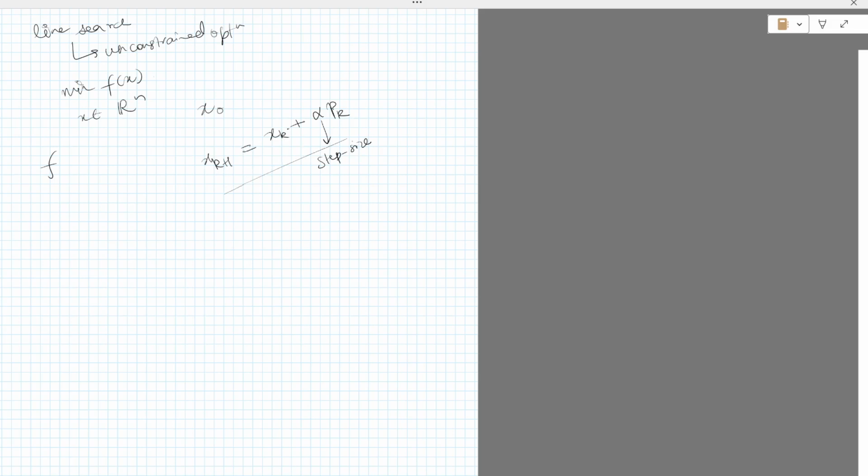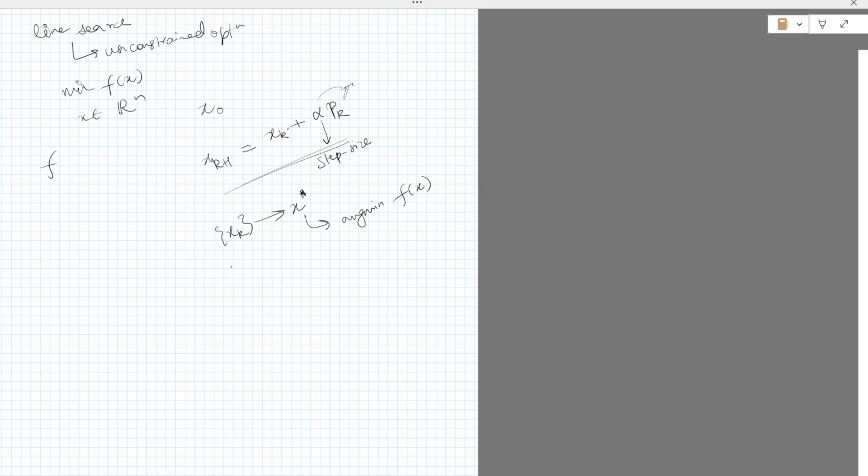As you keep doing this, you will get a sequence of xk, and you want to choose alpha and pk such that the sequence converges to some x star, which should be the argmin of f(x). That is what we want.